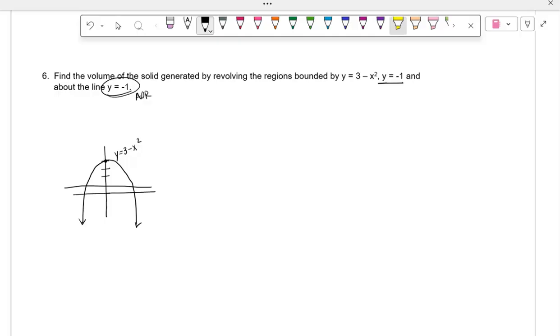So at y equals -1, that's my axis of revolution. That makes our radius 3 minus x squared, and then minus the -1.